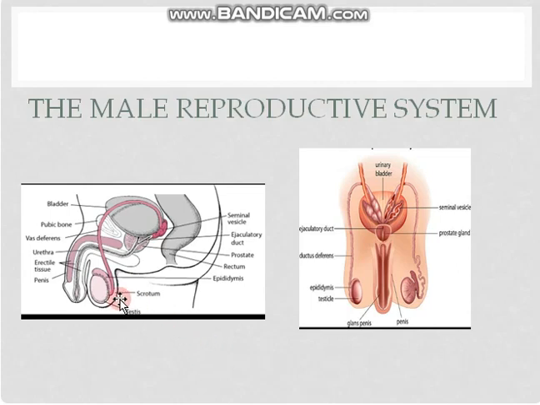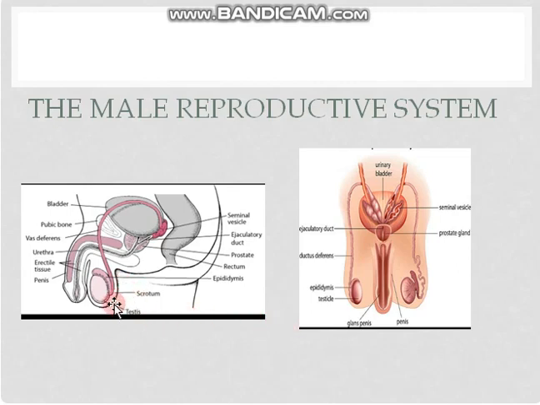So we're going to look at the testes. The testes are oval shaped organs, and we have a pair of them, as you can see here. They lie on either side of the penis in the bag called the scrotum.